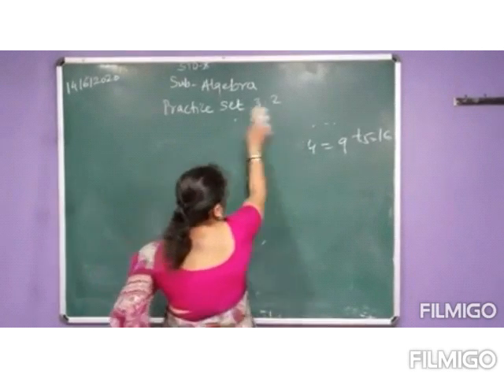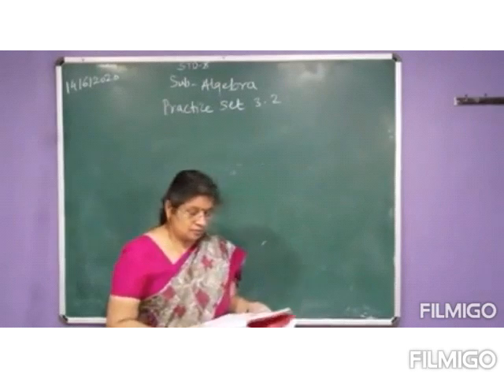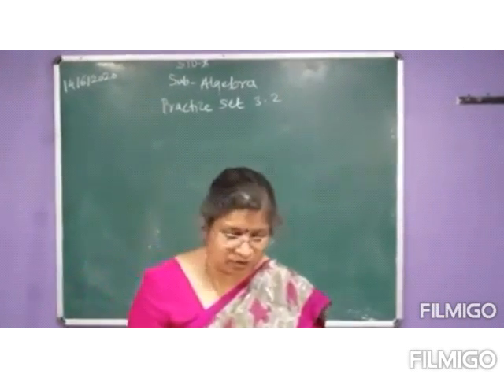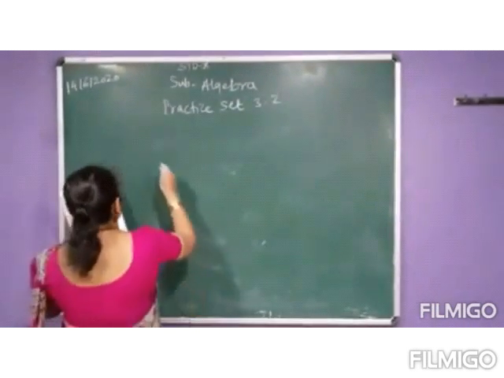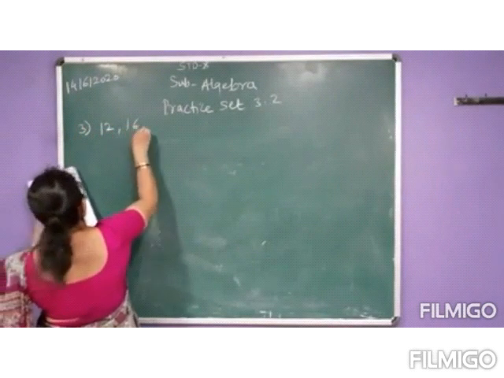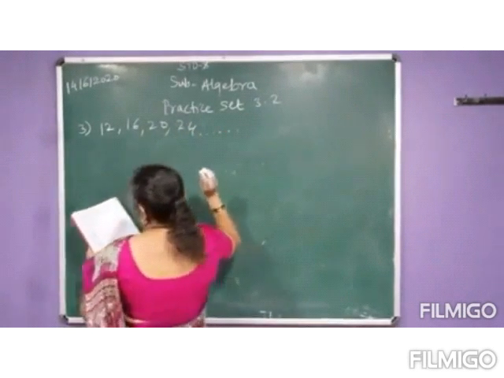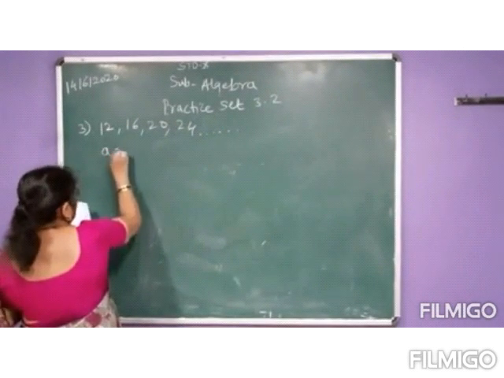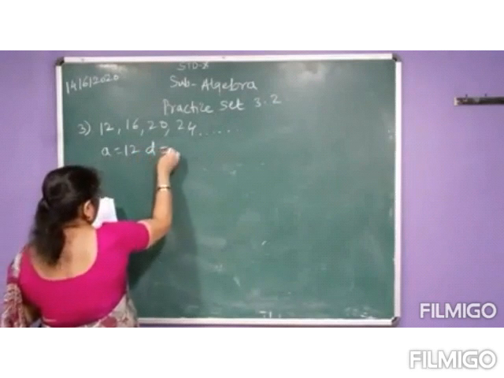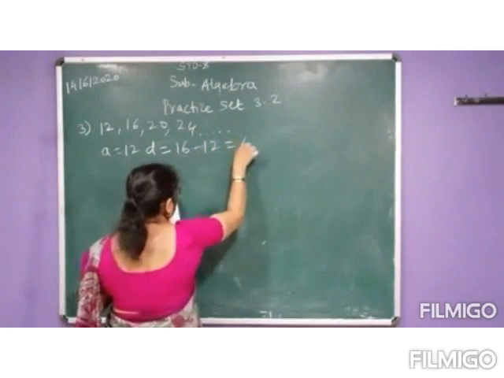The third one is: find the 24th term of the AP. The AP is given as 12, 16, 20, 24. Now see here, A is 12, D is T2 minus T1, 16 minus 12, that is 4.